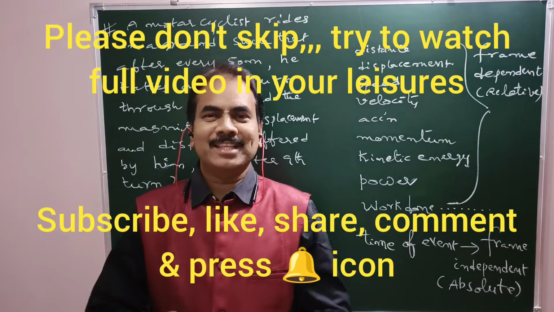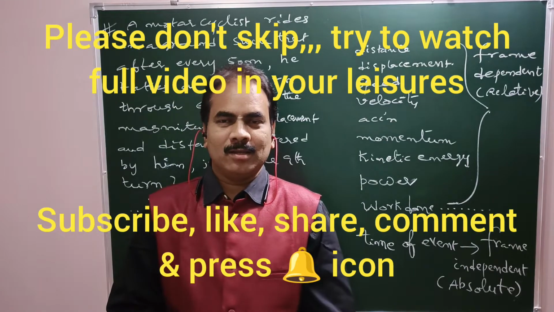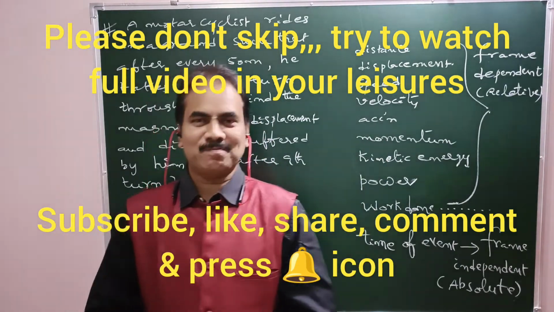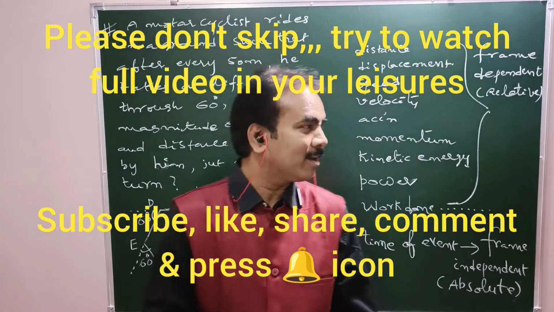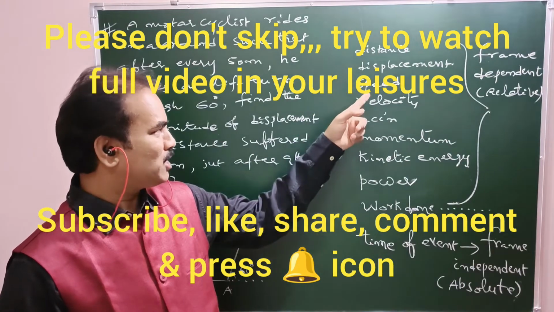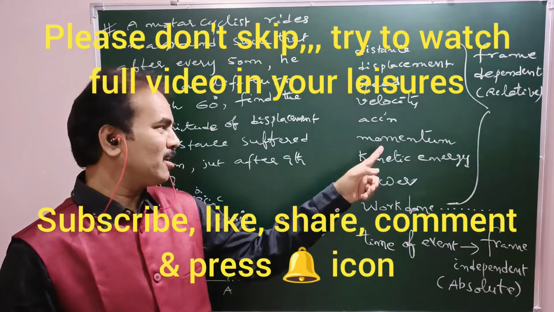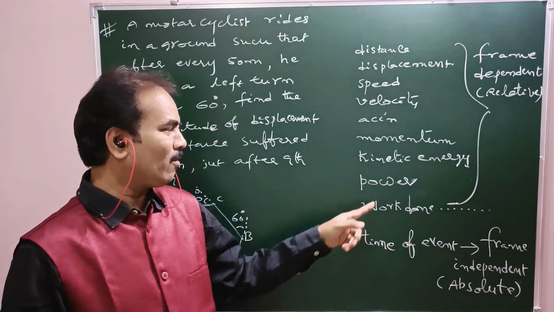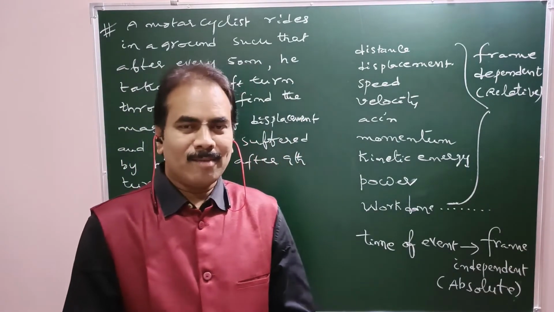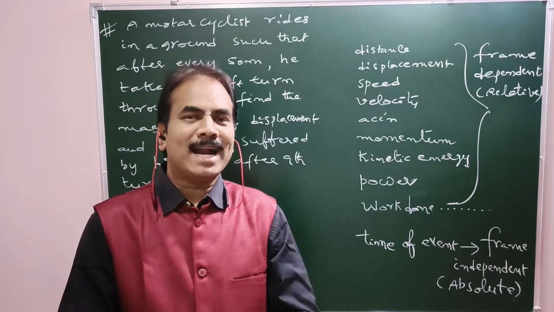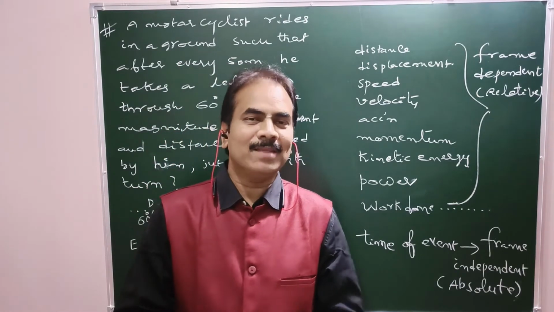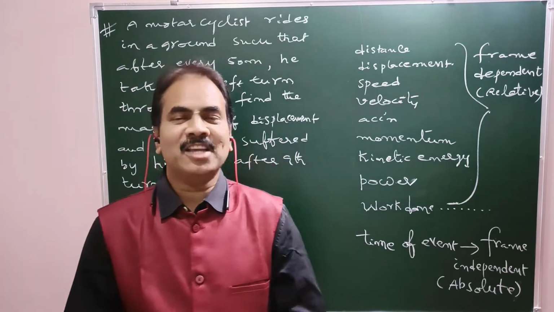So in this lecture I would like to explain some numericals based on distance and displacement. Before that, here we have some quantities like distance, displacement, speed, velocity, acceleration, momentum, kinetic energy, power, work done, etc. These quantities may differ from one kind of frame of reference to another, that is, from inertial frame to non-inertial frame.